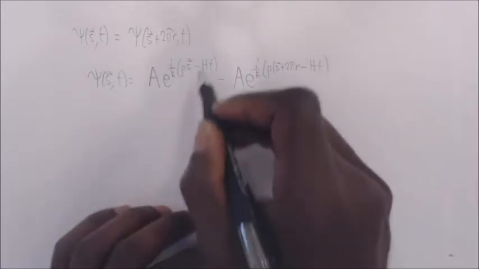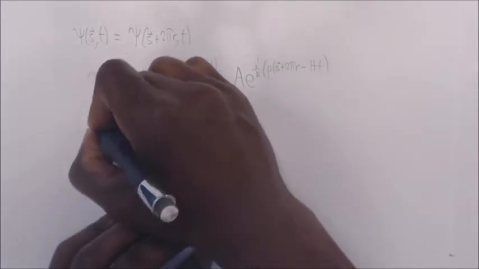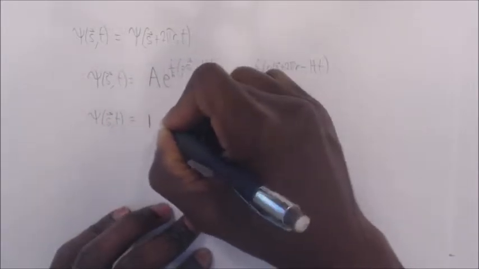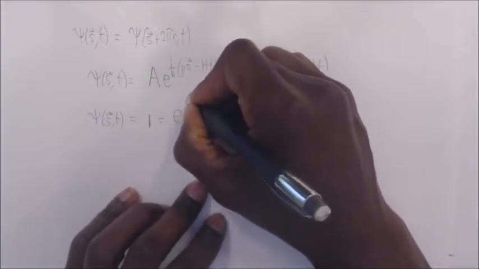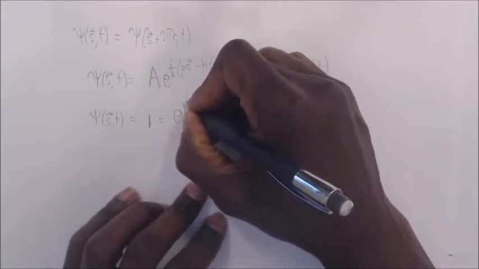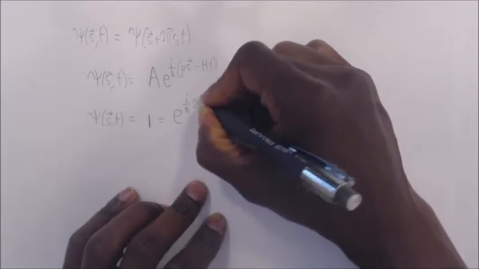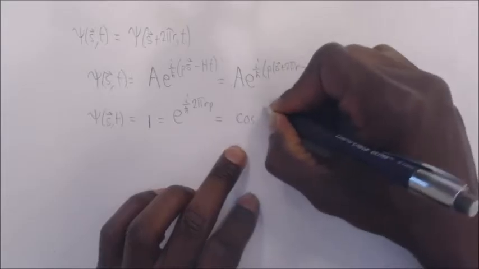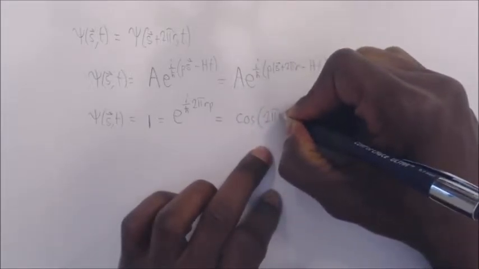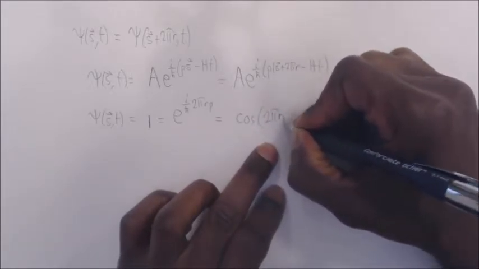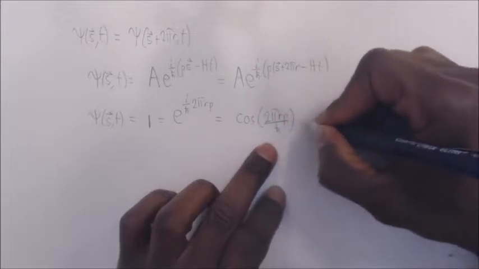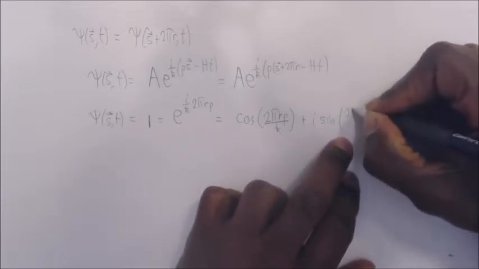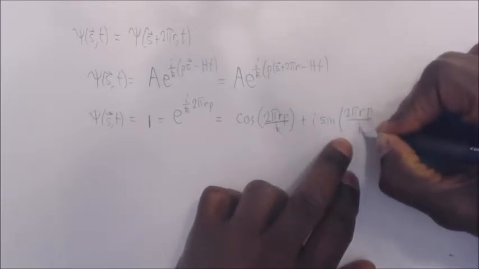t is time. So now if we divide by this part, we're going to get psi of s comma t over itself, which is equal to 1, which is equal to e to the i over h bar times 2 pi r times p, which is equal to cosine of (2 pi r times p over h bar) plus i times sine of (2 pi r times p over h bar).